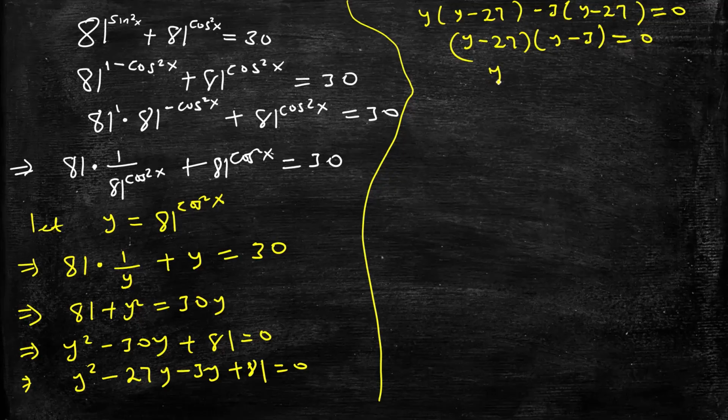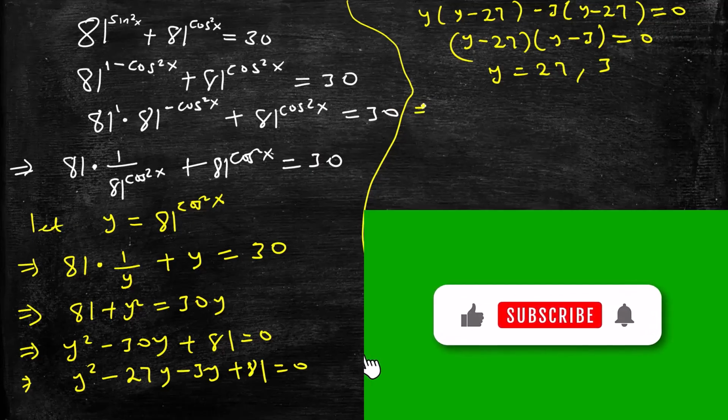So the answer for y is 27 or 3. But we are not looking for y. This y will help us get the answer. Remember, we represented this by that. So let's go back and substitute the answers. The first answer for y is 27.